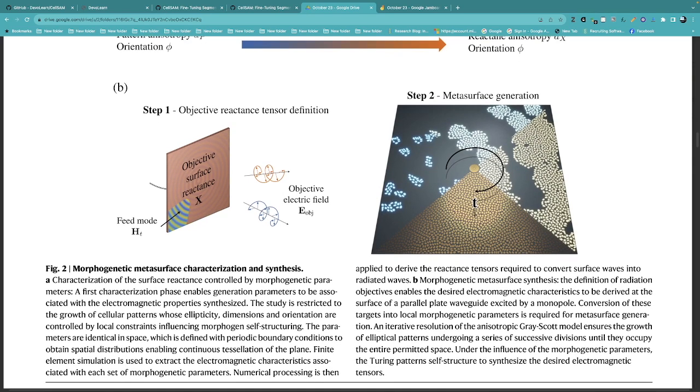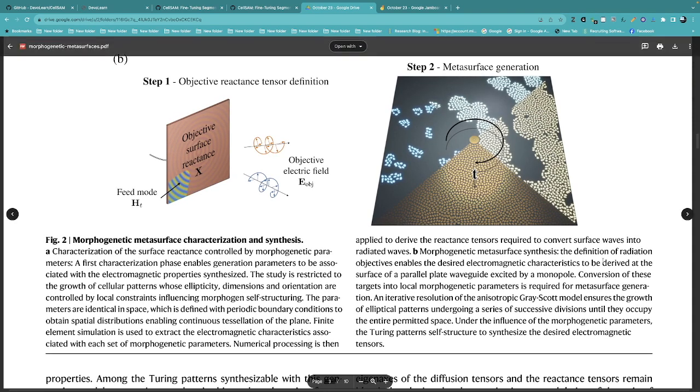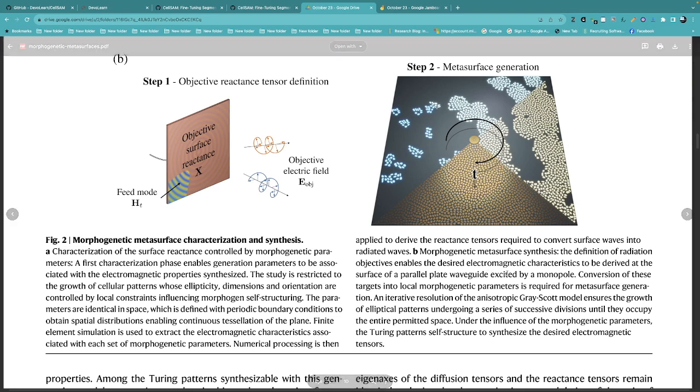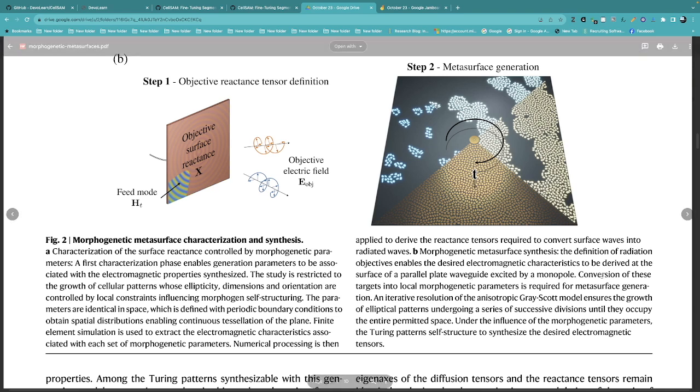And down here, they talk about definition of radiation objectives enabling the desired electromagnetic characteristics to be derived at the surface of a parallel plate waveguide excited by a monopole. So this is what they're doing in synthesizing the thing onto a surface. So they're basically depositing this by a monopole system.